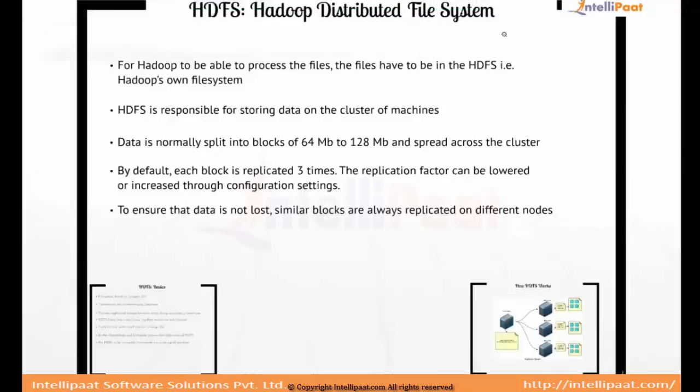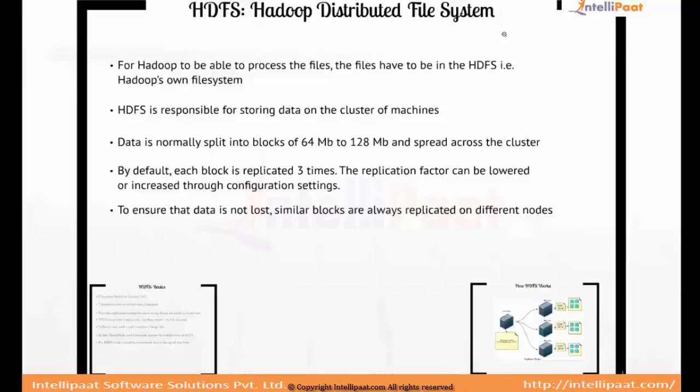Okay. So HDFS, for Hadoop to be able to process the files, the files will have to be in HDFS first. We understood that for me to process any data, the data has to be dumped inside HDFS. HDFS is responsible for storing data.